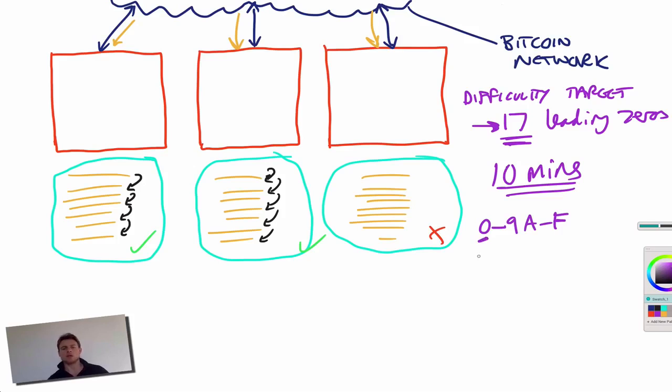It's not going to take you very long to come up with a hash with one leading zero. But as you add extra leading zeros, it becomes rapidly much more difficult.